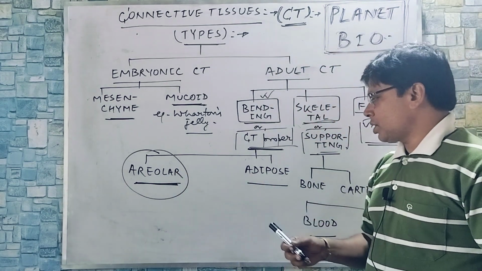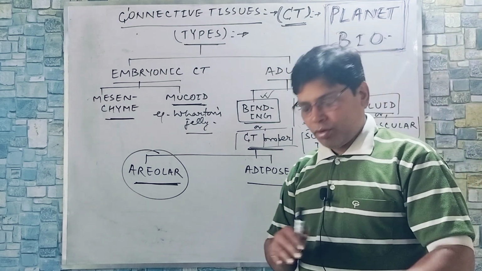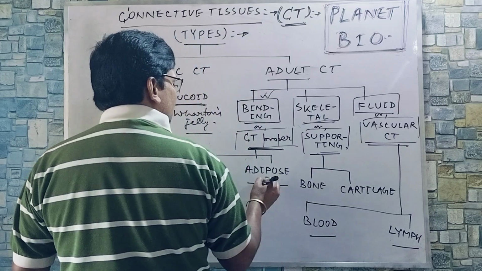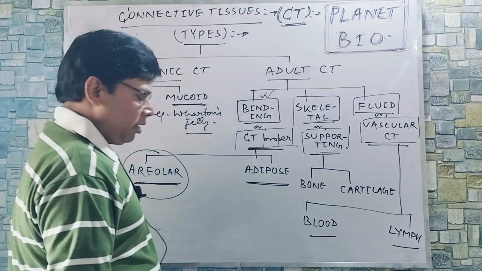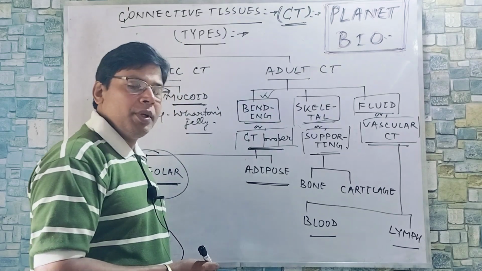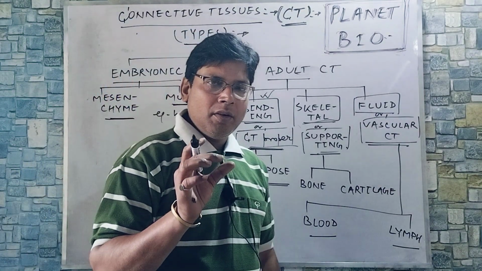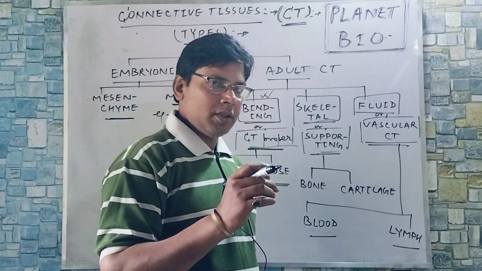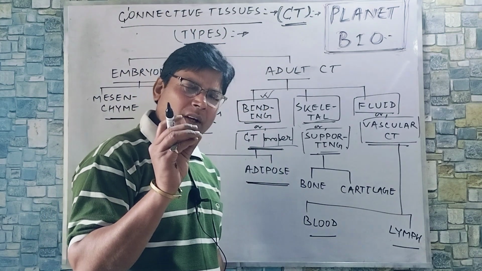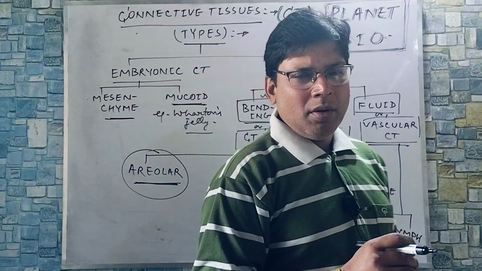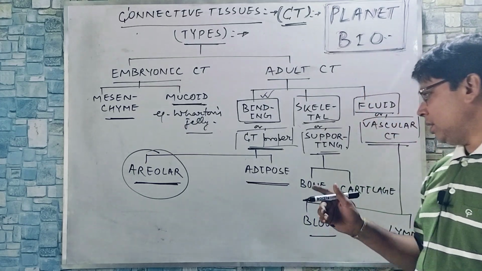Another one is adipose tissue, found just beneath the skin or integument, and it is composed of adipocytes or fat cells. Sometimes you can find a large mass of fat droplet, sometimes smaller fat globules in the cells.